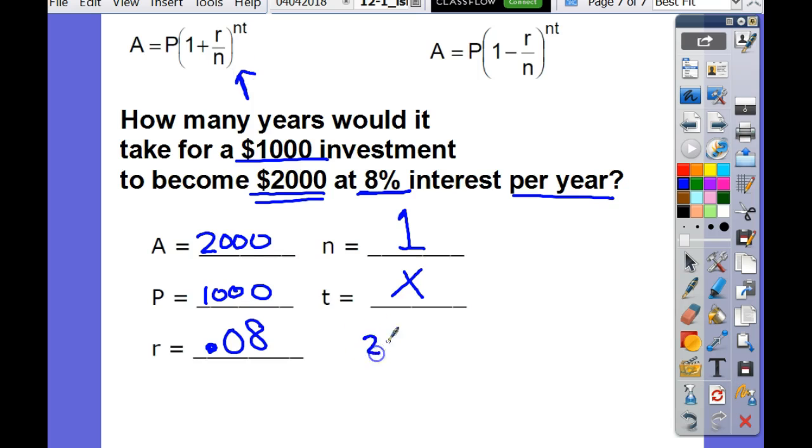So the $2,000 started with $1,000. But I don't know how much that time is. And what's 0.08 divided by 1?